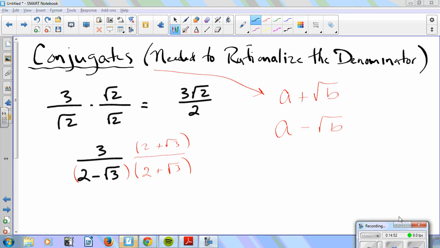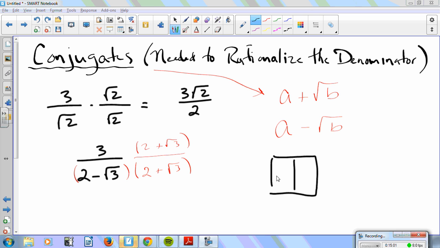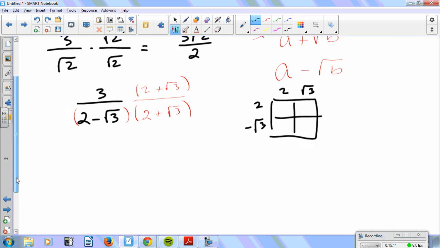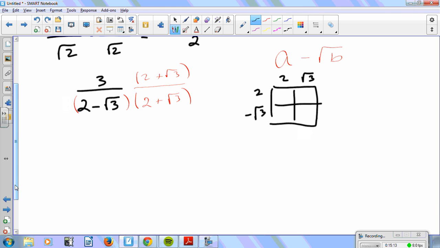Okay, so when I multiply these, just like we had before with x's, I'm going to use a little box to show you what happens. I'm going to make a little 2 by 2 box out here. Put 2 and a positive square root of 3 on one part, and 2 and a negative square root of 3 on the other. And then we treat it just like everything else.